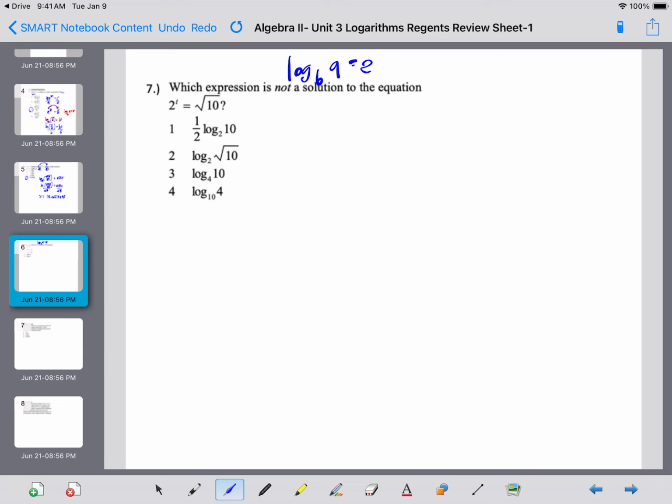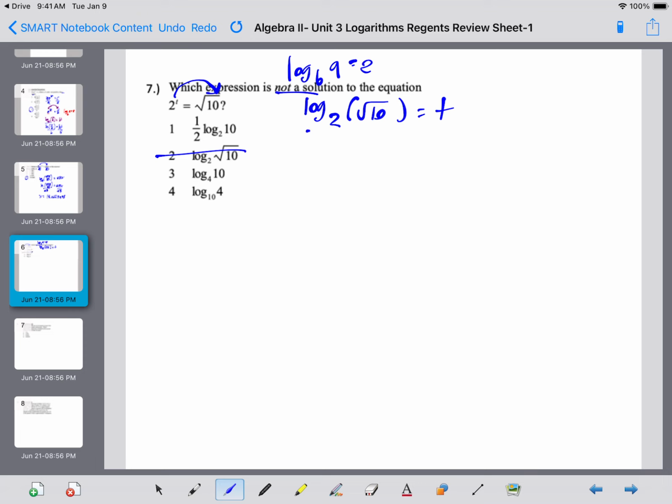So to convert that, right? Log base argument or answer, it's whatever's on the opposite side of the equal sign. That's a 2, by the way. Equals exponent. So it's saying which one's not a solution, so we know to cross out 2.